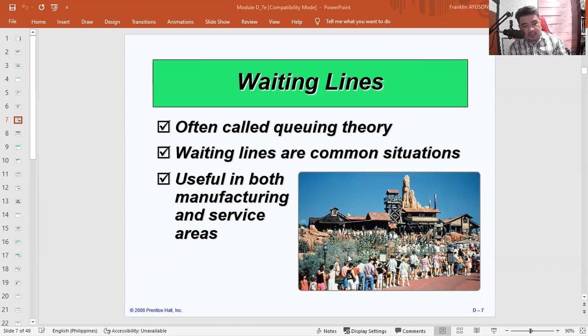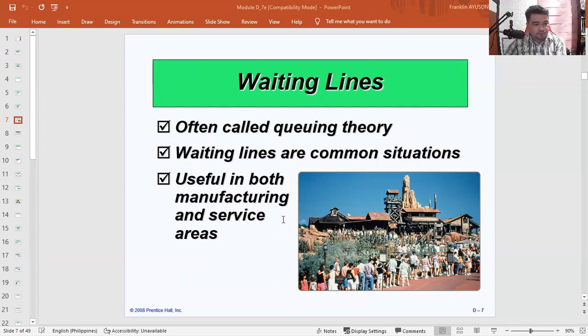So waiting line, sa madaling salita, pila. Gaano ba kaimportante yung pag-intindi at pag-apply natin sa operation management nung tinatawag na waiting line or pila.